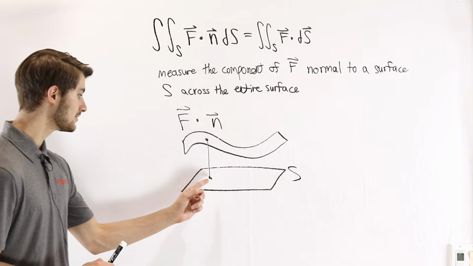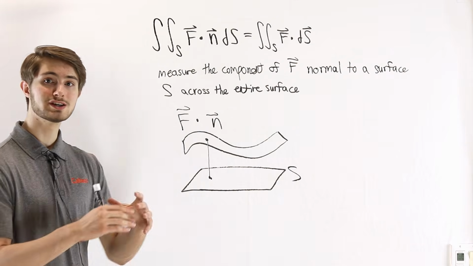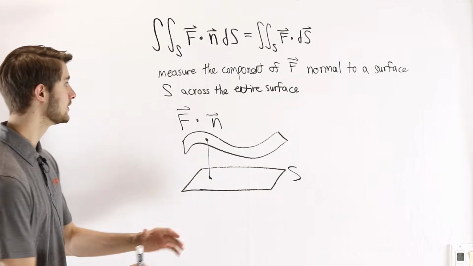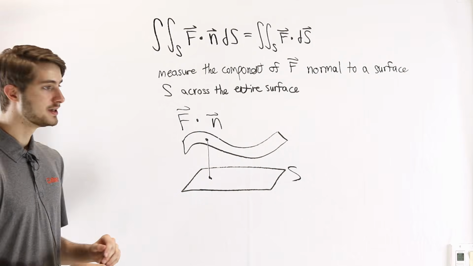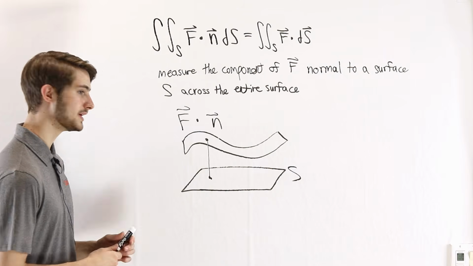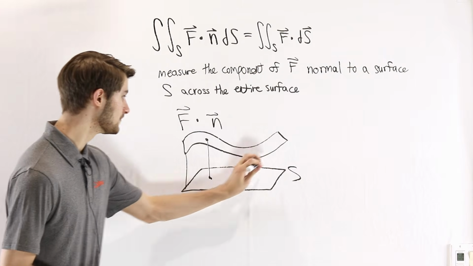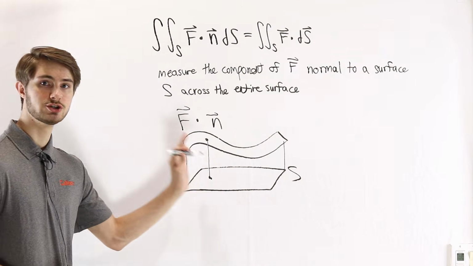If instead of considering just a single point, we want to aggregate all of that information and look at the entire surface, instead of just taking the height at a point, we can take the volume under the entire shape.